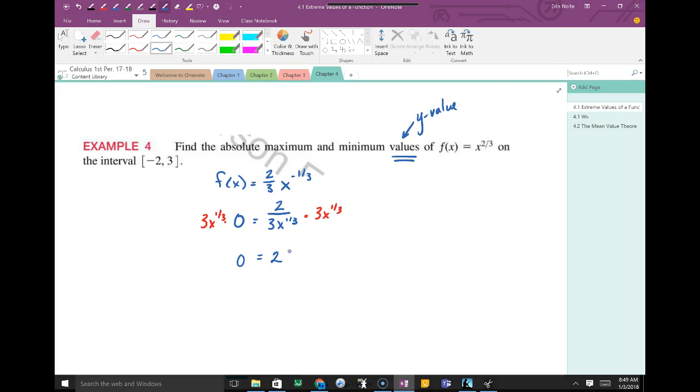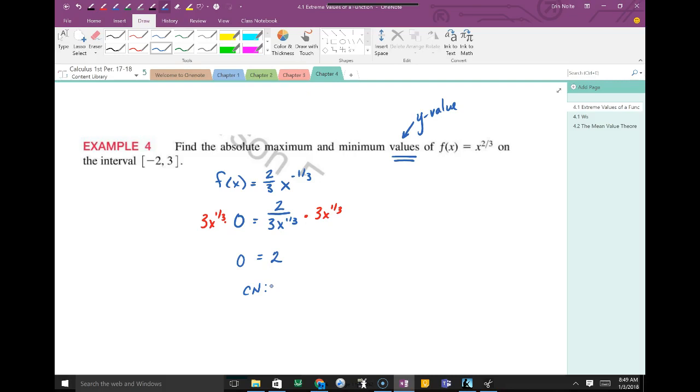For this one, we don't come up with a critical number from setting the derivative to 0, but there is a critical number that we have to worry about. The other scenario is anything that makes our derivative undefined. If I find a derivative, anything that makes the denominator 0 becomes a critical value.